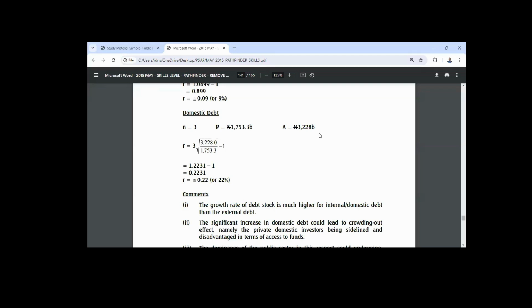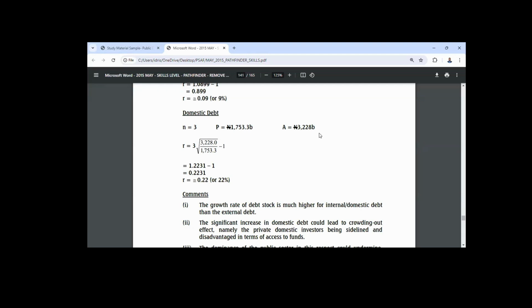You need to comment. The internal debt growth rate of 22% is higher than the external debt growth rate of 9%.